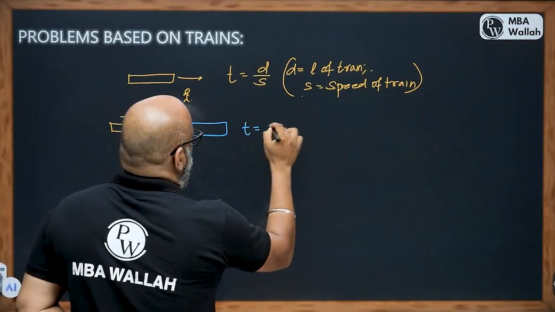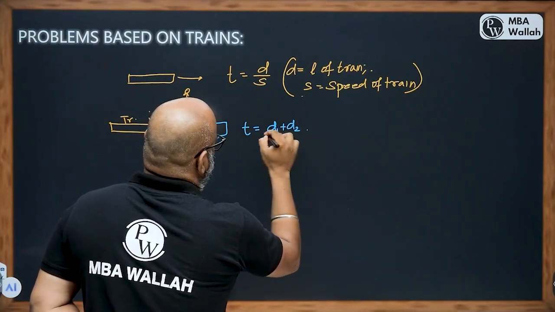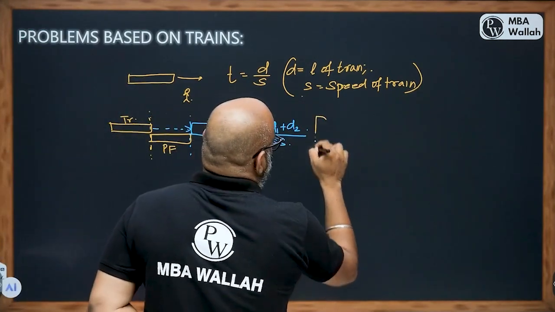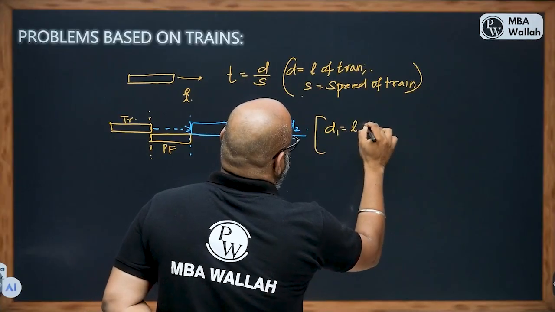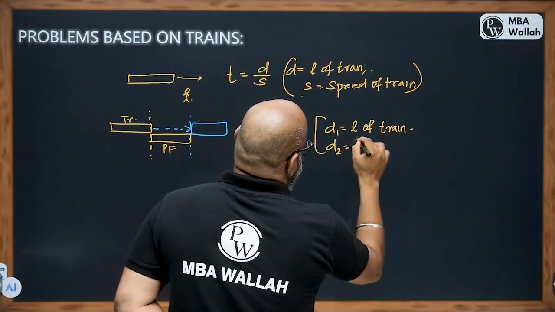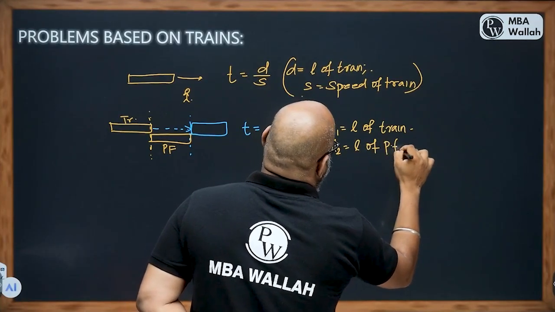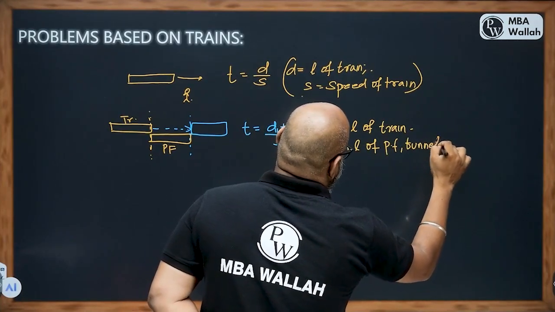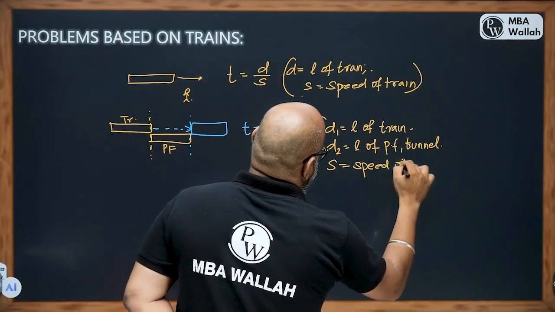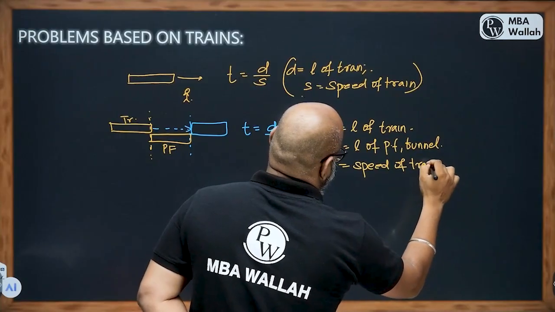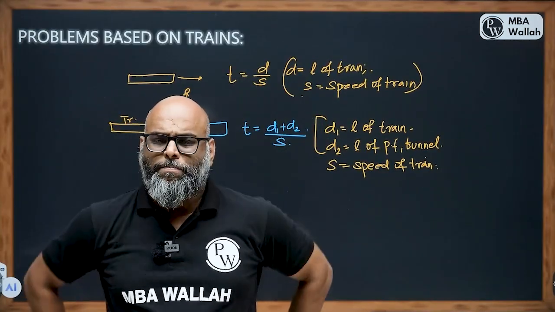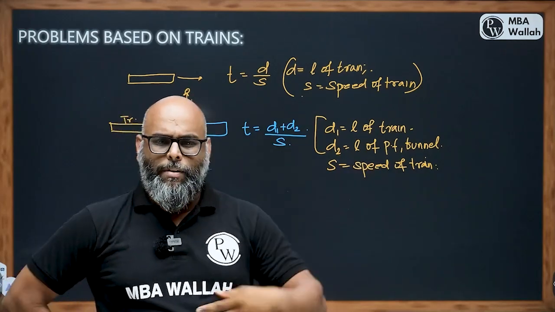T is equal to d1 plus d2 divided by s, where d1 is equal to length of train, d2 is length of platform, tunnel, whatever it is, and s is speed of train. Right? S is going to be the speed of your train here. These three parts we are done.